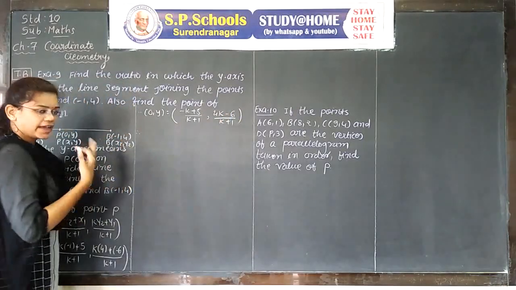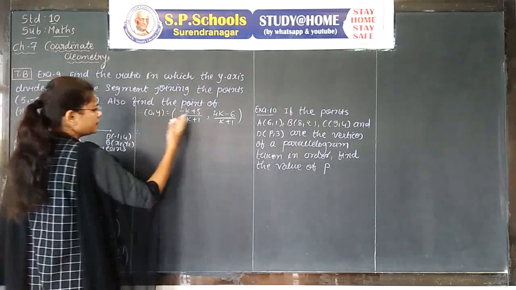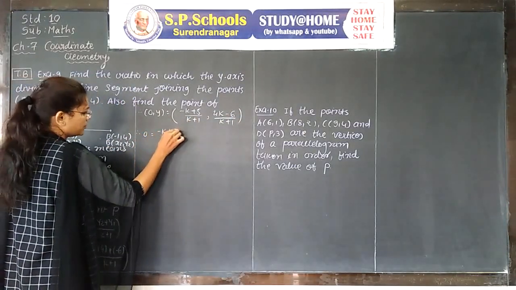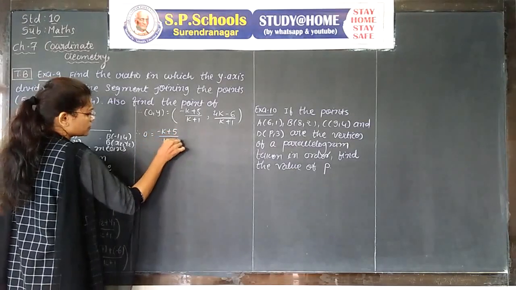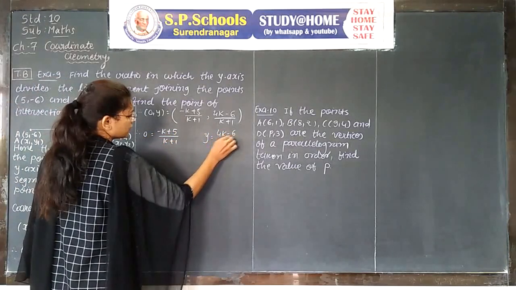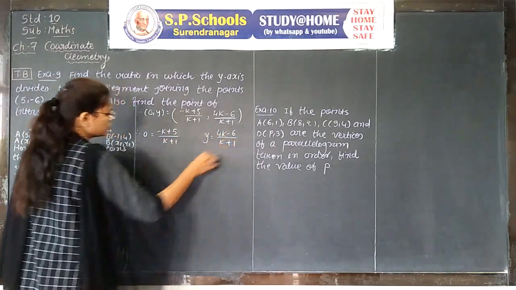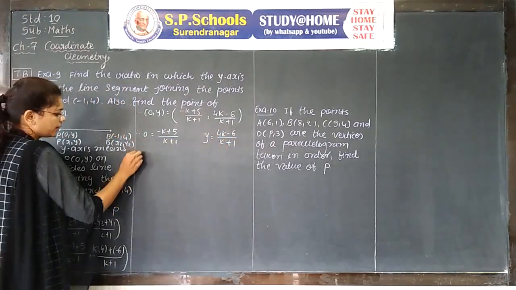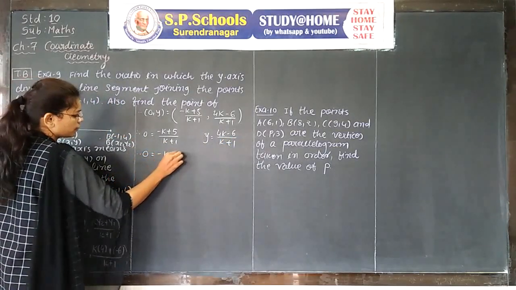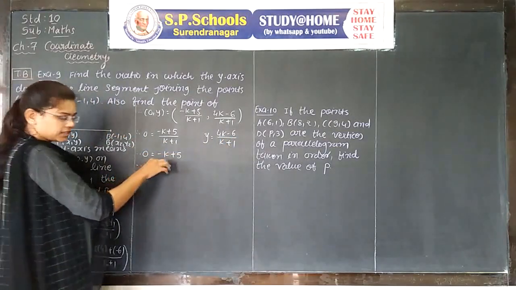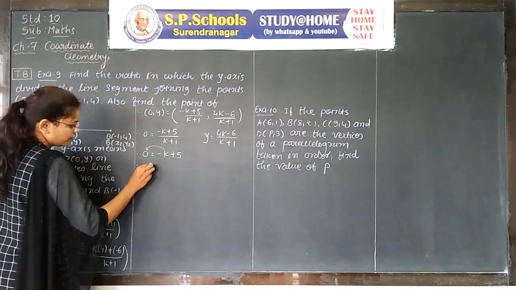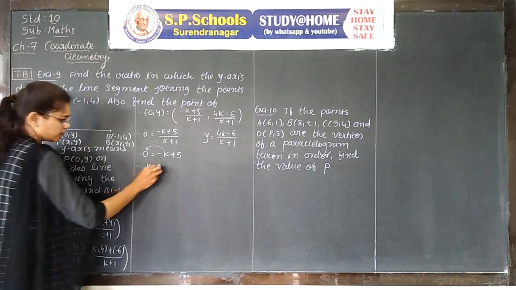Now we compare x coordinate with x coordinate and y coordinate with y coordinate. 0 is equal to (minus k plus 5) upon k plus 1 and y is equal to (4k minus 6) upon k plus 1. K plus 1 multiplied with 0, we get 0 is equal to minus k plus 5. We make k the subject, so shift minus k from the right hand side to the left hand side and we get k is equal to 5.